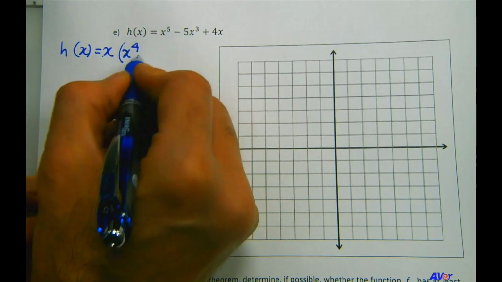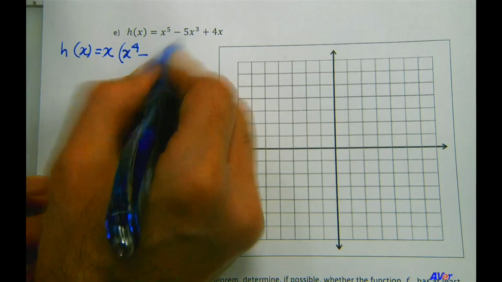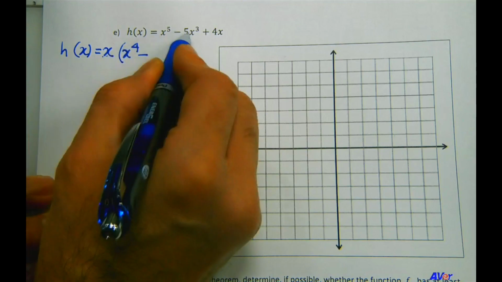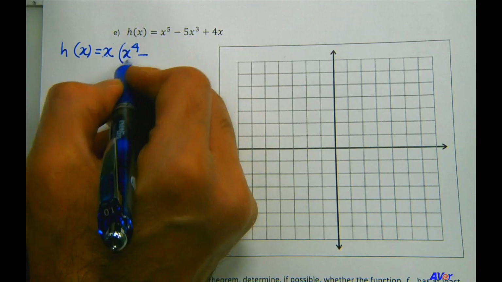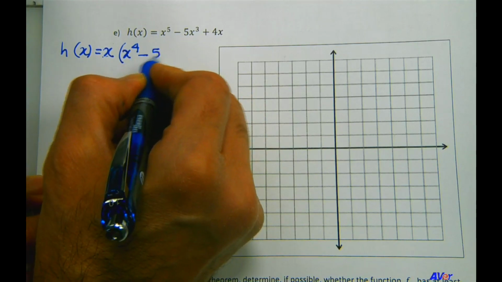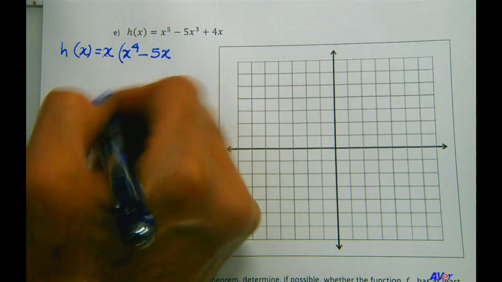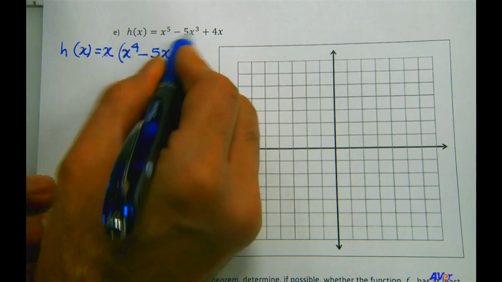For this one, minus. What should I put here so that if I multiply by x, I get minus 5x cubed? So minus is already there. I certainly need a 5. What else do I need? X to what power? The summation of these two powers should add up to 3.